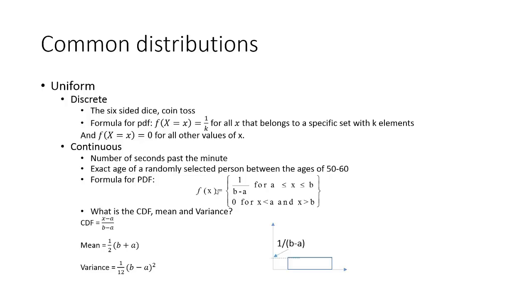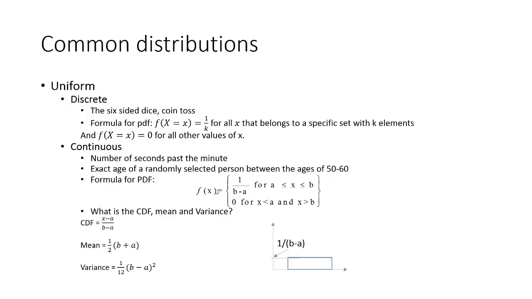So if you were to have some random process which just looked at the clock over the course of the day during some random intervals, the number of seconds past the last minute could be uniform, and that's essentially a space where you could have 0 seconds past the minute all the way to 60 seconds past the minute. So your interval is from 0 to 60, and where you find yourself in that interval is described potentially by a uniform distribution.